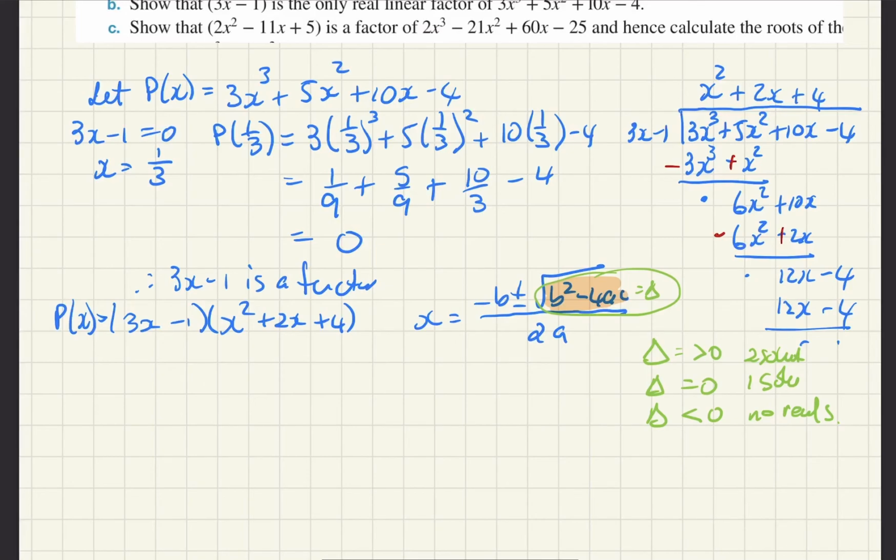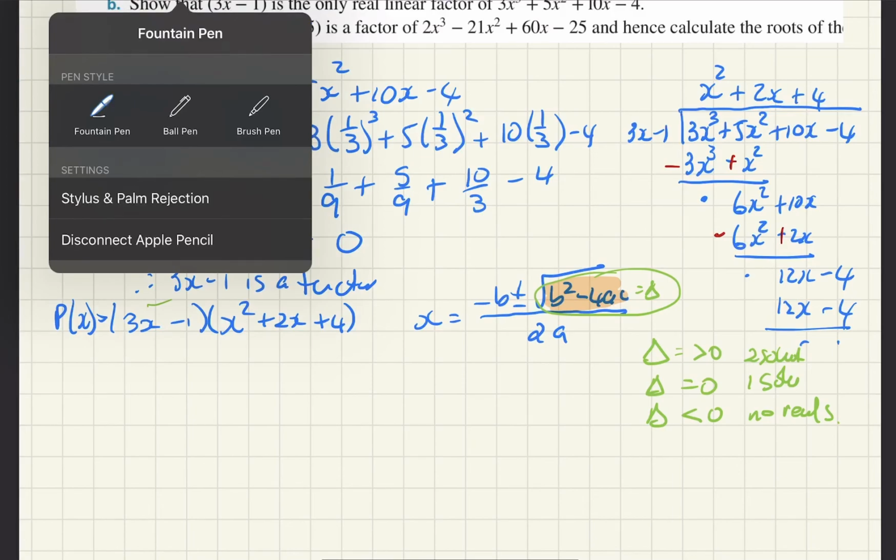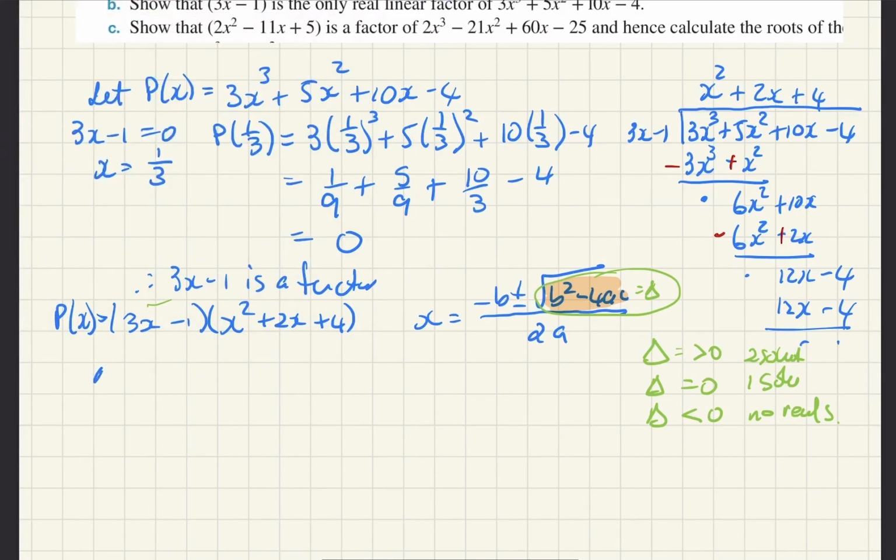So all I have to do to prove that this is the only factor is say the discriminant is b squared minus 4ac, and substitute the values of this quadratic in there. b in this case is 2, so 2 squared minus 4 times a is 1 and c is 4.